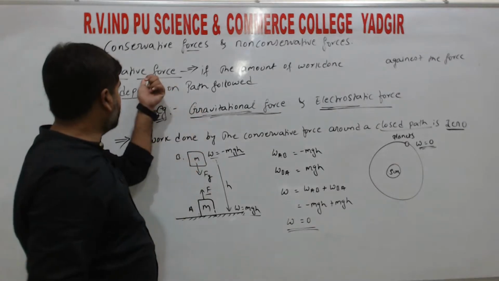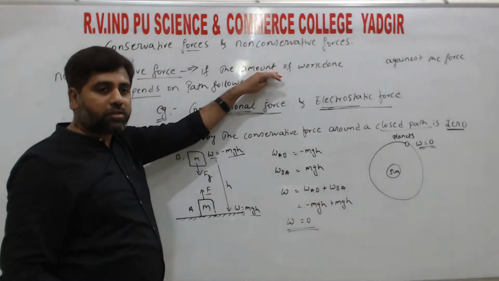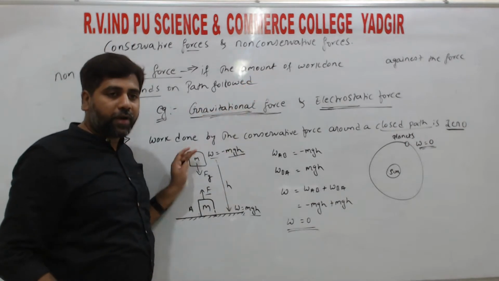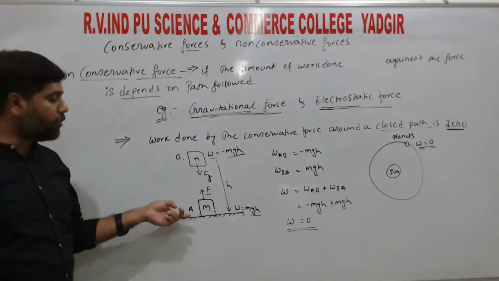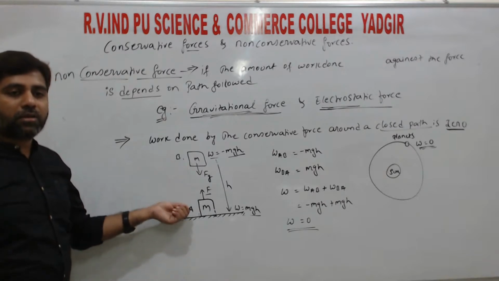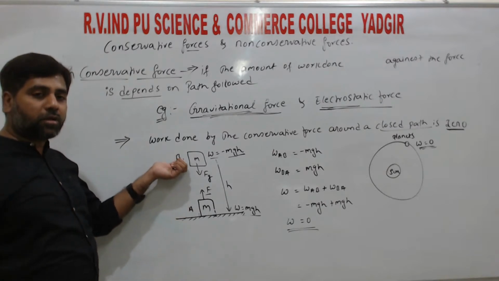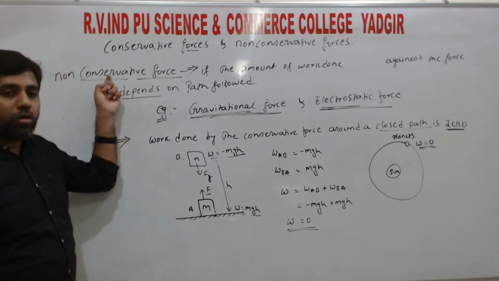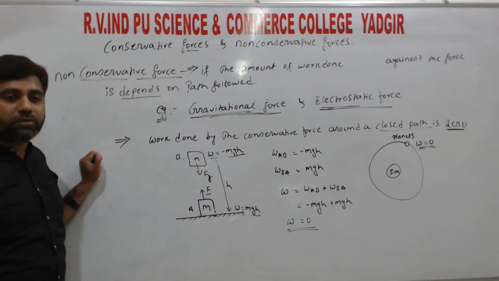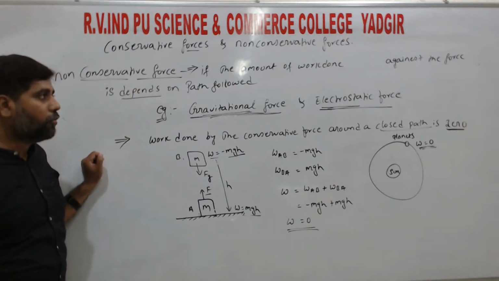We call this a non conservative force. It does not depend on the initial and final positions; it completely depends on the path. Whichever path it travels along, that type of force we call non conservative force.